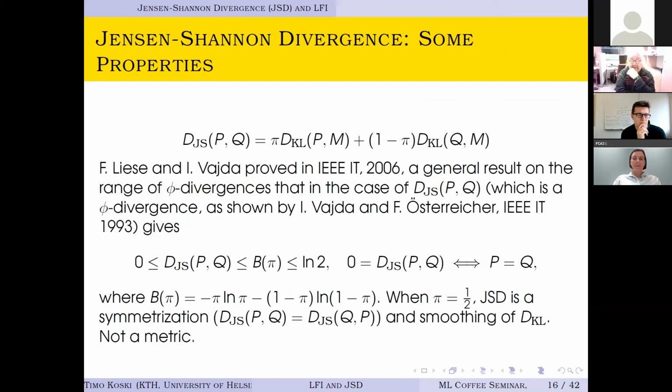So the pi equal to 1/2 case is good because then you have the maximum range for your data to emerge. And then of course, pi equal to 1/2 has the advantage that if you take the square root of this, as I mentioned, then it is a real metric, and that is actually useful in analysis.